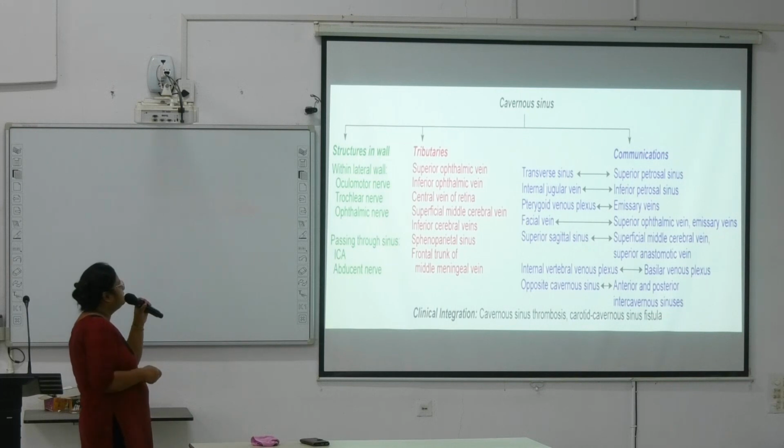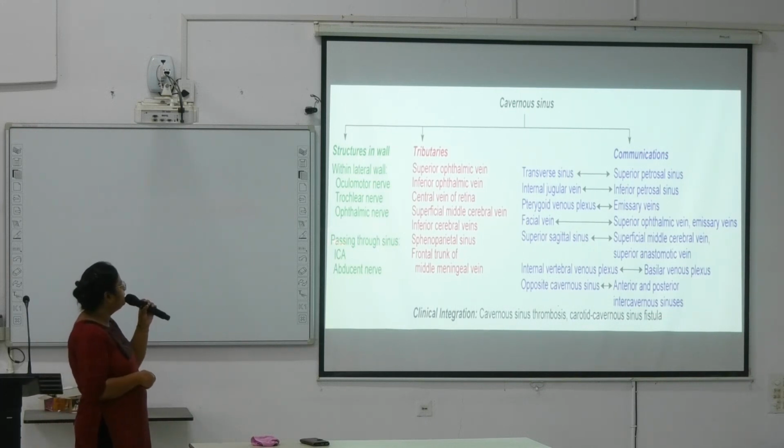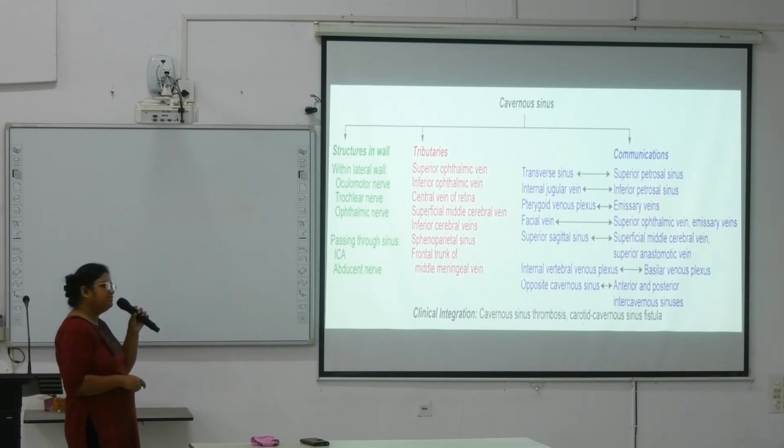So, structures in the wall of the cavernous sinus: in the lateral wall, the oculomotor, trochlear and ophthalmic nerves; through the sinus, the internal carotid artery and the abducent nerve. The tributaries are the superior and inferior ophthalmic veins, central vein of the retina, superficial middle cerebral vein, inferior cerebral veins, sphenoparietal sinus, and frontal trunk of the middle meningeal vein.